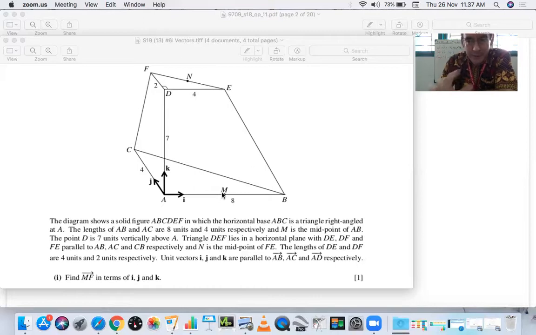Now, remember you do it one variable at a time, I, J, and K. So let's start with I. M is halfway across. That means it's 4 away from the origin, and we need to go backwards to get here. Now this A is our corner, and it's right here with the D. And notice this is at a 90-degree with the J axis. Remember it said this A here is a 90, it's a right triangle. So that means this C and F are not actually going further back on the I axis. It kind of looks like it is, but it's not, because this is a 90-degree here.